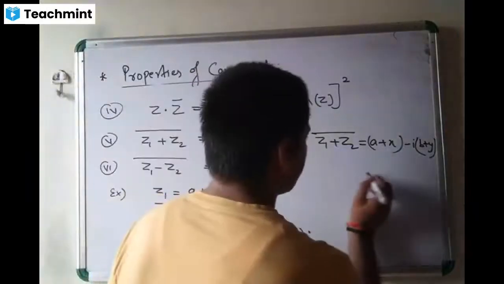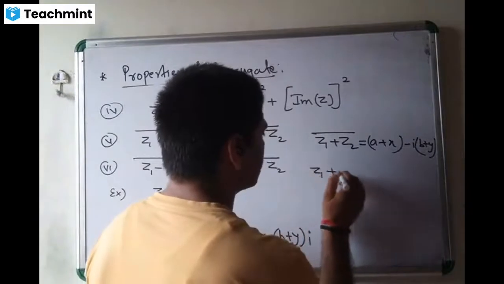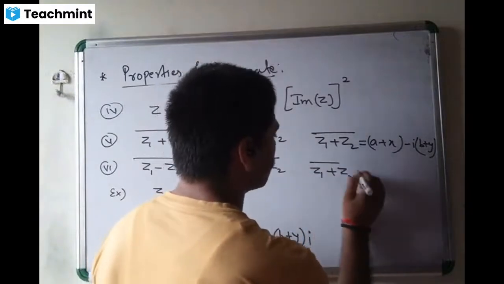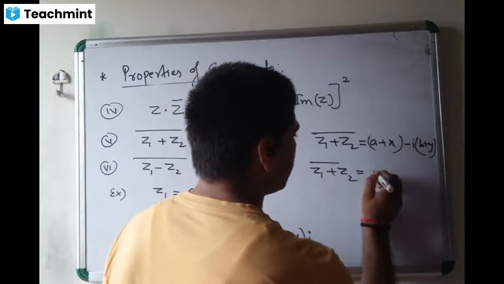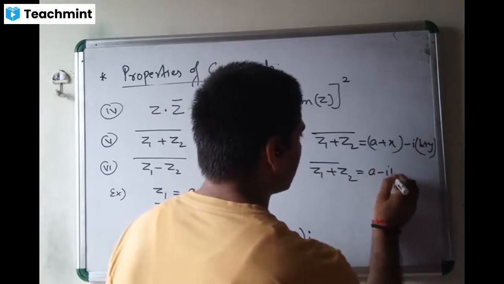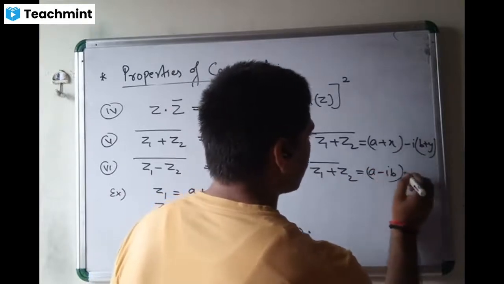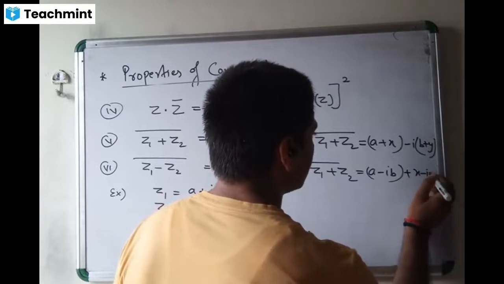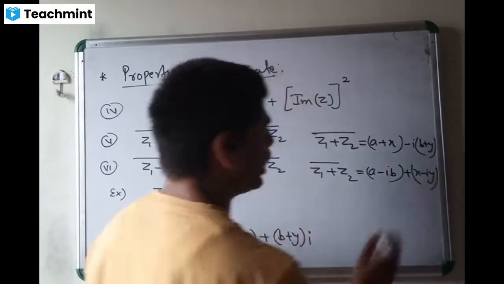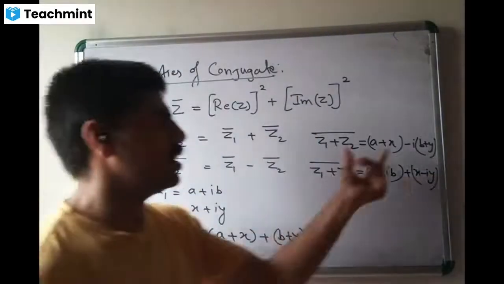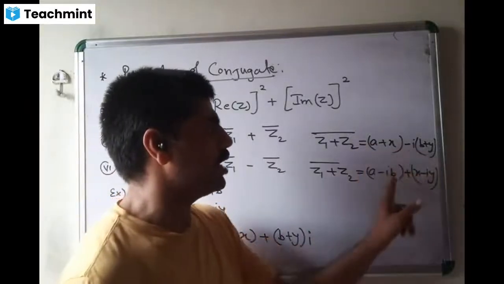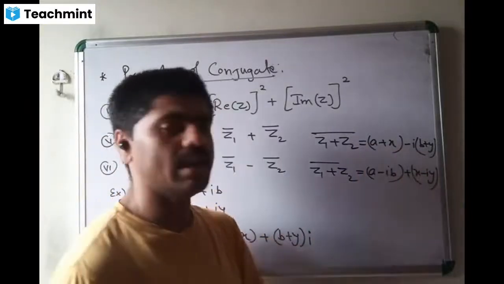And you can write in this way: conjugate of Z1 plus Z2 is equal to A minus IB plus X minus IY. If you break the bracket, A minus IB plus X minus IY. Yes or no?